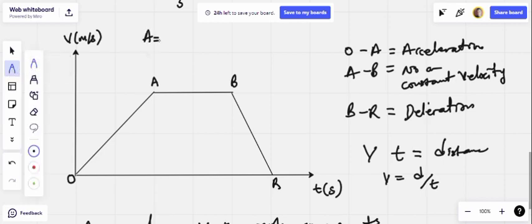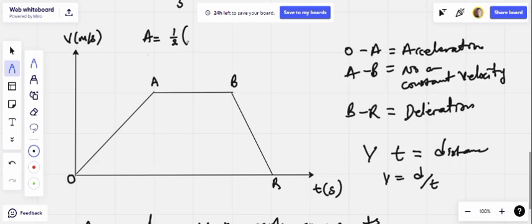Area of a trapezium, A equals what? A half of the two parallel lines. A trapezium is a shape that has two of its opposite sides parallel, like AB is parallel with OR.